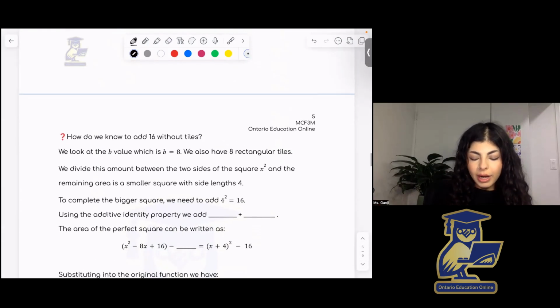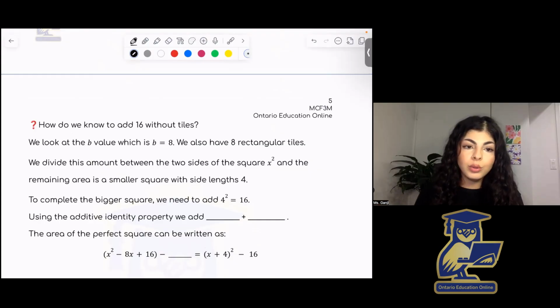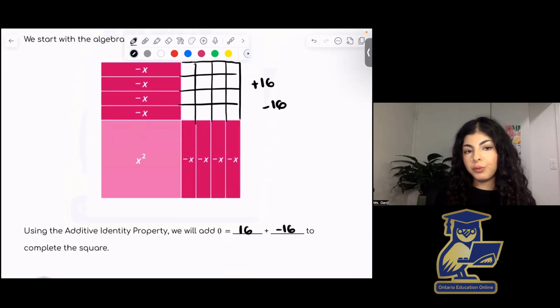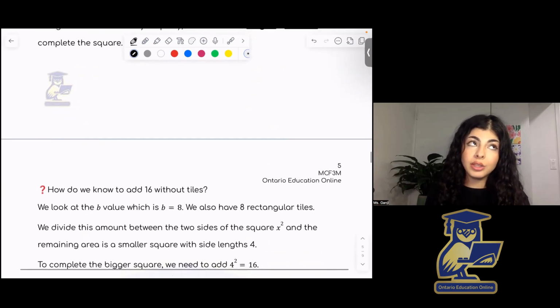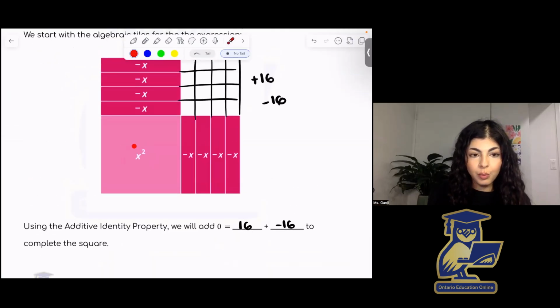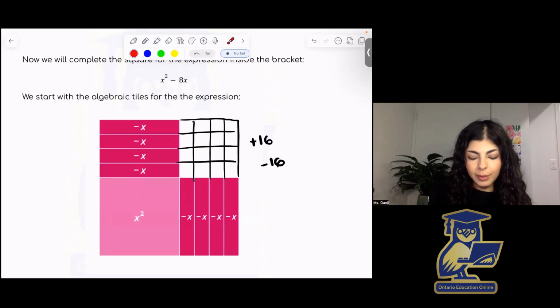And so before I go back and finish completing the square there, a food for thought is, how do we know to add the 16 without the tiles? So here, it's easy to see because I gave you the algebraic tiles, but how would you be able to, if you didn't have these, figure out what you're adding? So keep in mind that we actually will find this out from our b value, because here, as I was saying, if you have that x squared where a was 1, so we only have one of this square, any value of x that is remaining, so here we had negative 8x, is distributed into two groups.